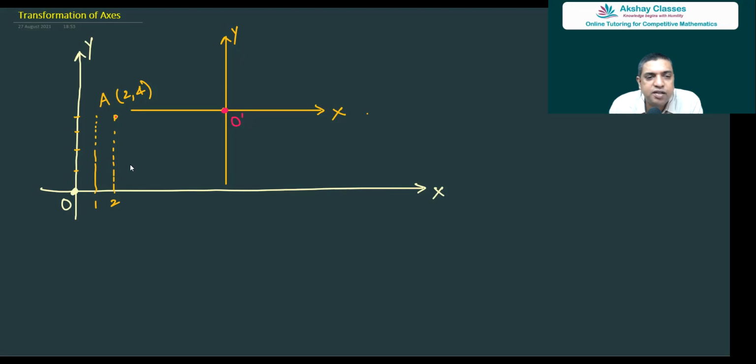Suppose the new origin is at (h, k) with respect to the old reference axis. With respect to the new one, it is (0, 0). So how do my coordinates change?